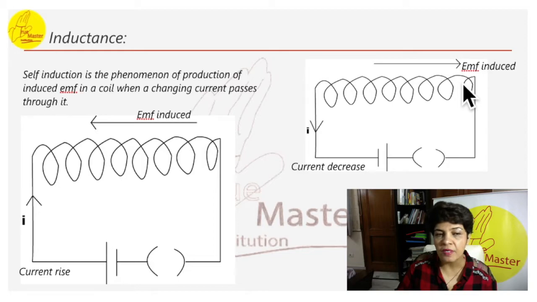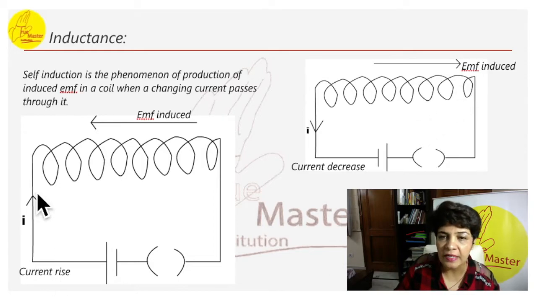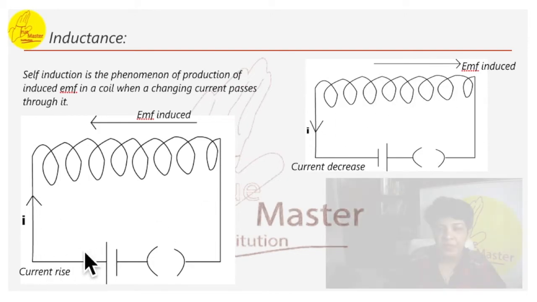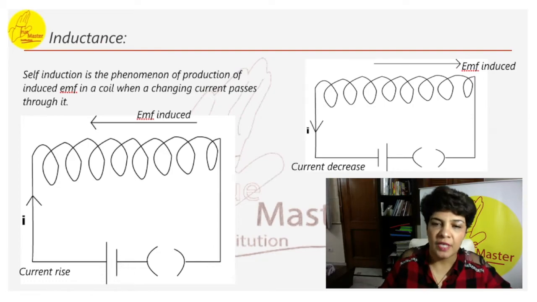In other words, when current is rising, the EMF being produced is opposing. But when current is decreasing, when current is about to go, the EMF is in the other direction, kind of saying don't go. Let me explain it one more time.